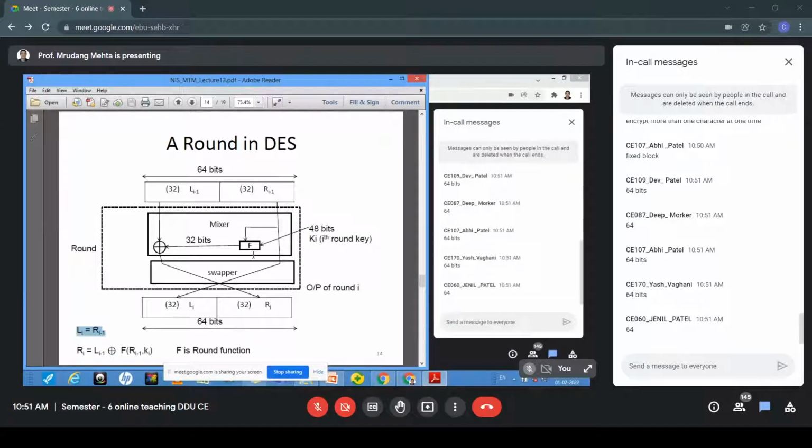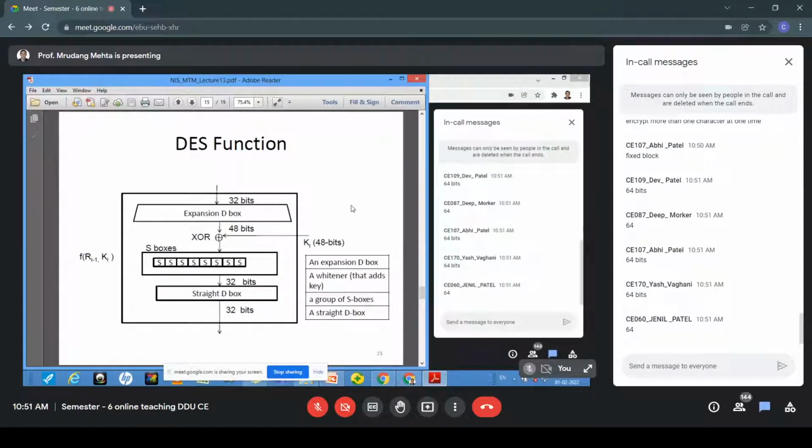These two are given to the round function, and that output is given as an input to the XOR, which is XORed with Li minus 1, and the result is Ri. So here we have a swapper and here we have a mixer. This is the basic structure of a round in DES.